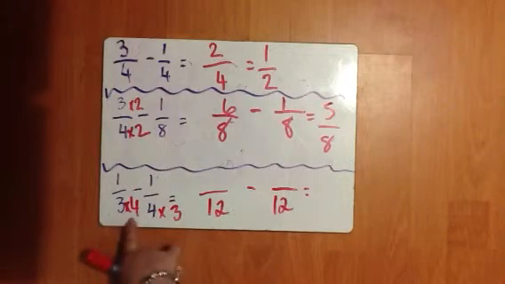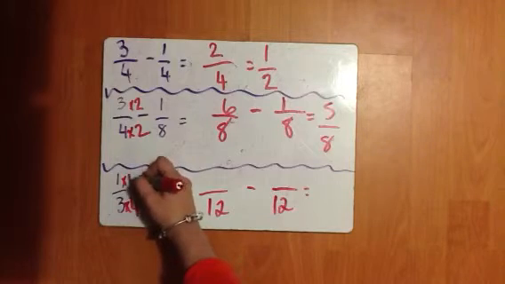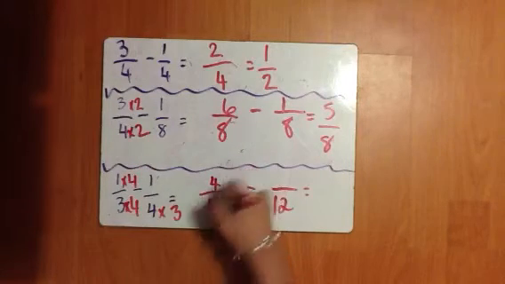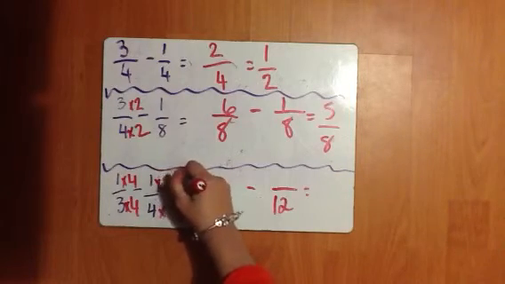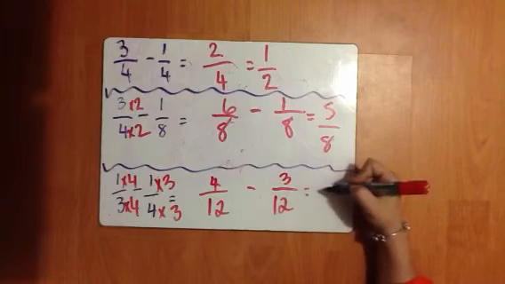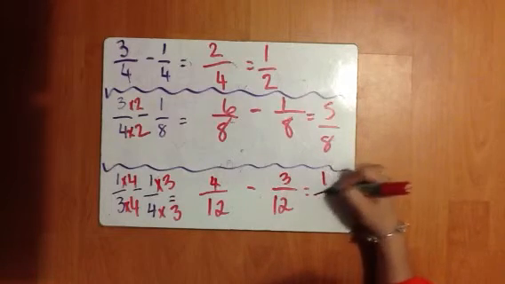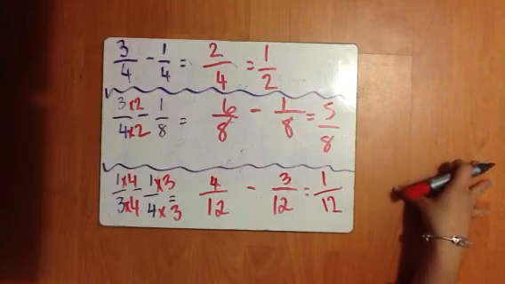So we've times this denominator by 4, so we have to times this numerator by 4. We have to times this denominator by 3, so we have to times this numerator by 3. 4 take 3 is 1 over 12. 1/12, and we can't simplify that anymore.